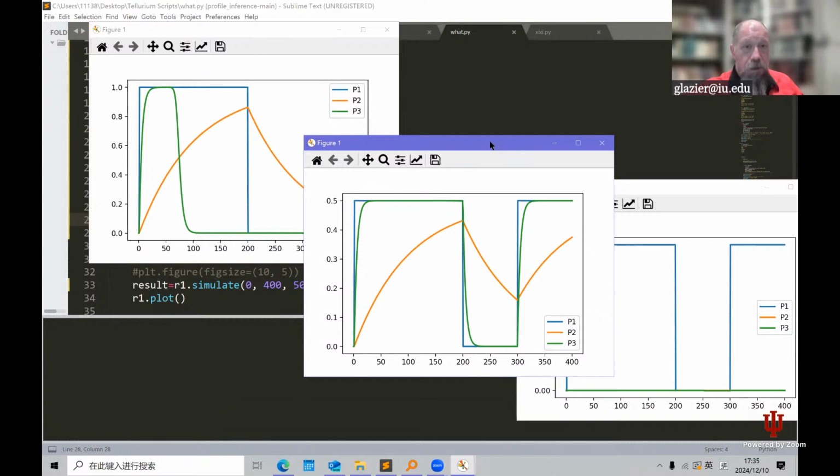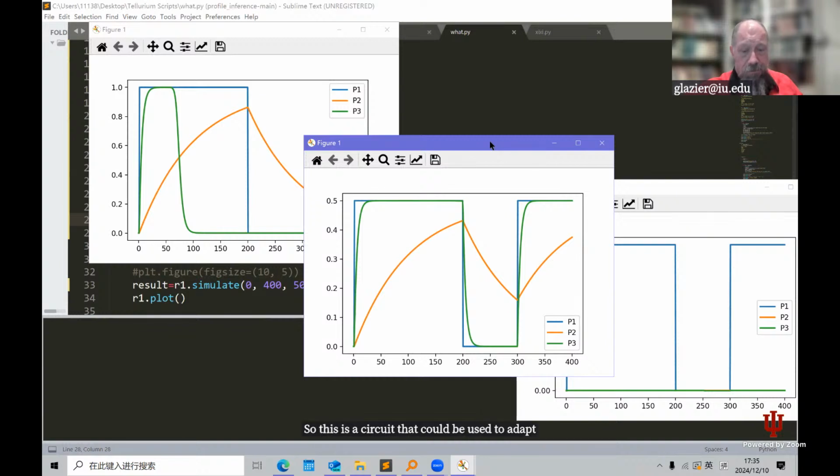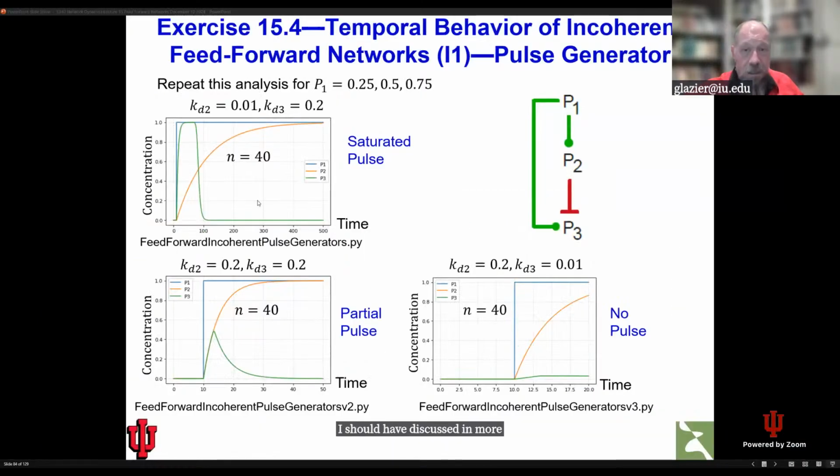If you want a certain amount of something to happen, and the input signal is small, you might have to do it for longer. So this is a circuit that could be used to adapt to complex environments. Actually, that's probably one I should have discussed in more detail. I don't have a slide that shows the results of that in my lecture.